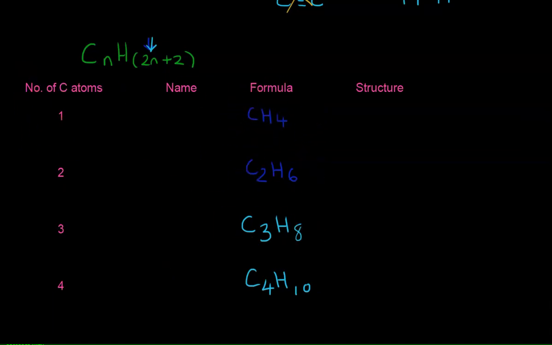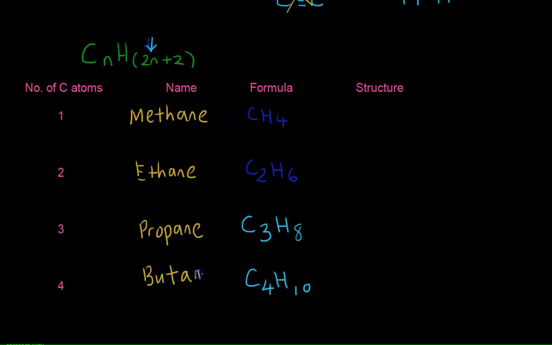How do we name them? I'll give you the names first, then I'll teach you how to memorize them. First one is called methane. Second is ethane. Third is propane. Finally, butane.